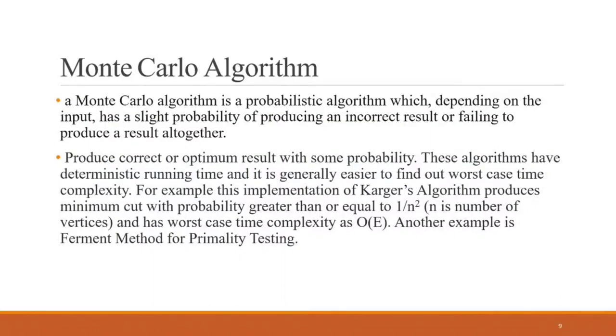It will produce a correct or optimal result according to the probability. These algorithms have a deterministic running time, and it is generally easy to find out the worst-case time complexity of the algorithm. Examples of Monte Carlo algorithms are Karger's algorithm and the Fermat method for primality testing.